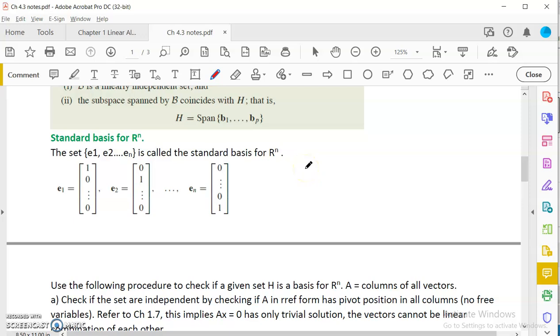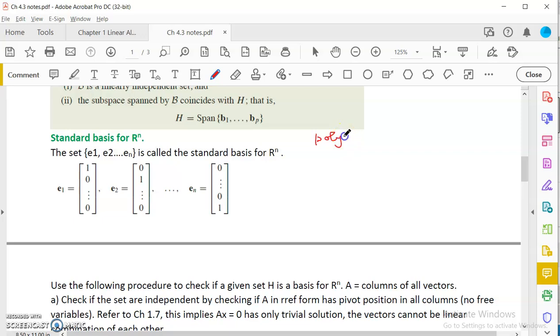If the subspace is the whole vector space like Rn, then we have the standard basis: 1, 0, 0, then 0, 1, 0, like each column of the identity matrix. Those are called the standard basis.